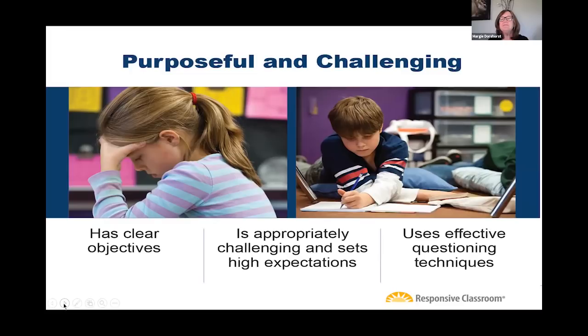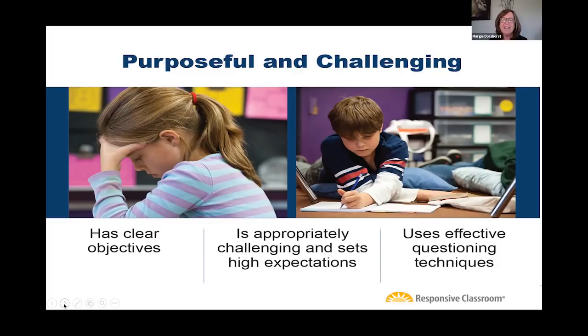One characteristic of engaging academics was being pedagogically sound. Another is that learning is purposeful and challenging. These are some of the ways that we make learning purposeful and challenging. First of all, we make sure that we have clear objectives. And our clear objectives aren't just what we write on the board or put on the screen to show kids that we're connected to that outcome.